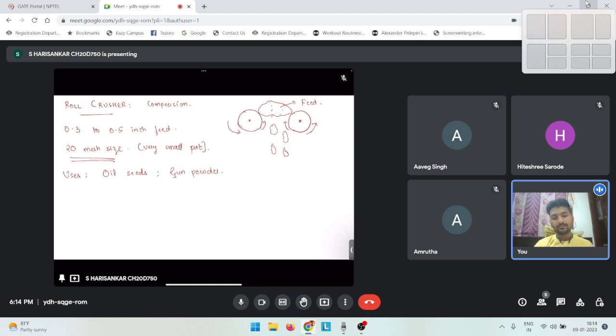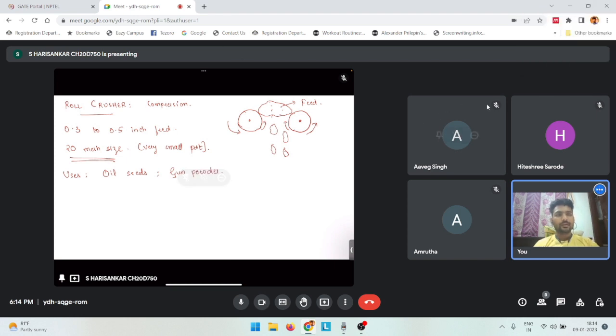Typically the feeding range is between 3 to 120 ton per hour. This is just some basic specification with regards to the roll crusher.